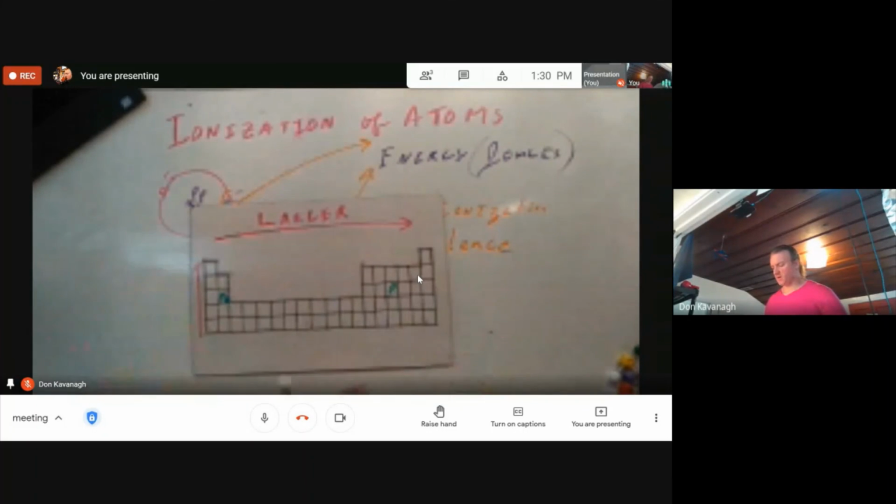So if we compare, sticking with this column right here, phosphorus, nitrogen's right above it. If we were comparing these two, we would say nitrogen has a larger ionization energy. It would take more energy to remove the valence electron from nitrogen.